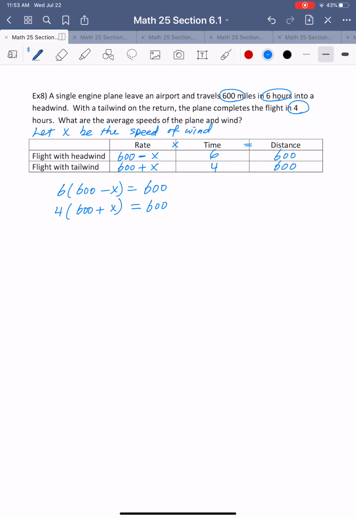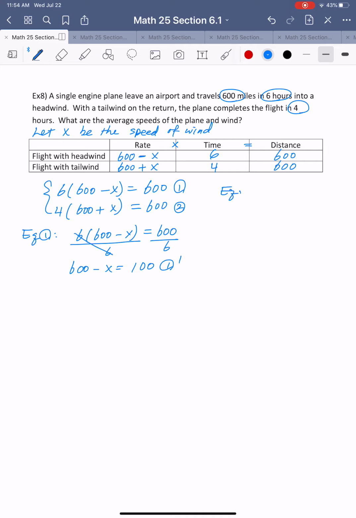And then you can distribute the 6 if you want, but I want to cancel some of the numbers. So equation 1, I have 6 times 600 minus x equal to 600. Of course, you can distribute the 6 to get 3600 minus 6x equal to 600. But I want to start by dividing by 6 on both sides. So cancel, you get 600 minus x equal to 100. So that's 1 prime.